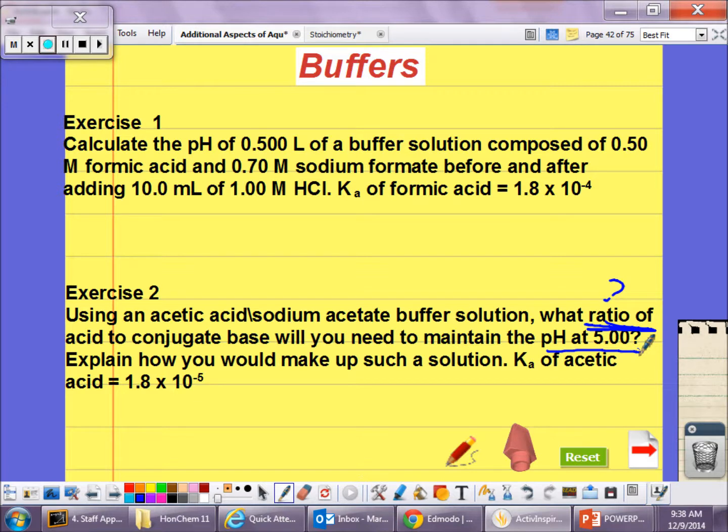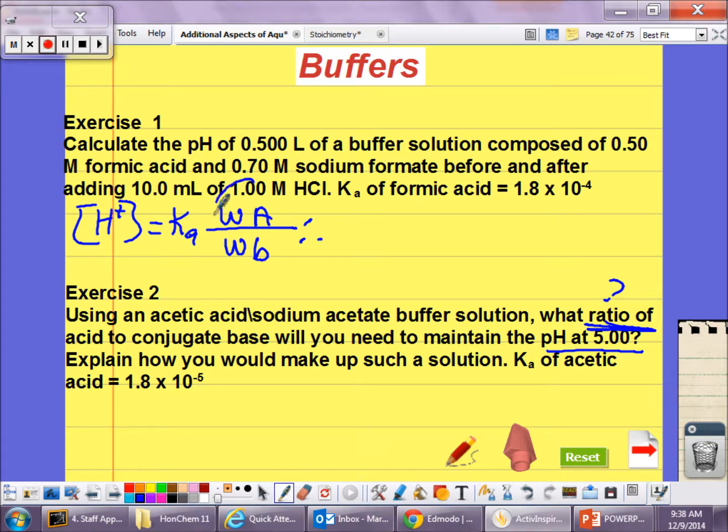Guess what? I have nothing else to write except for the formula for buffer. H plus equal Ka times the weak acid over the weak base. Therefore, what are they asking me for?